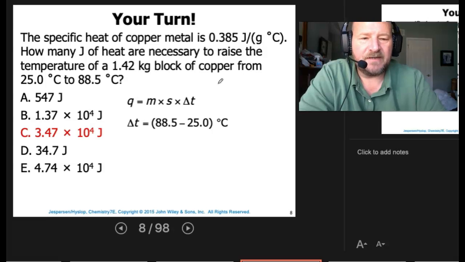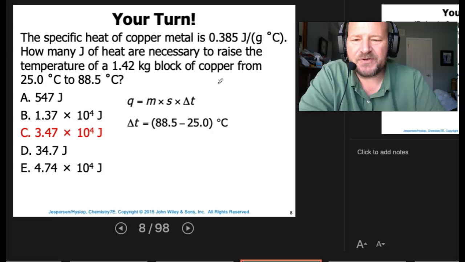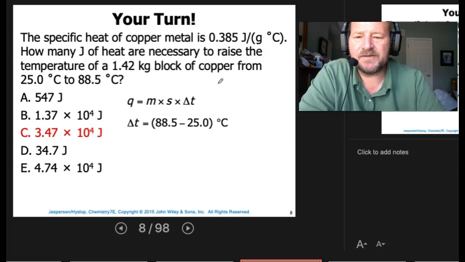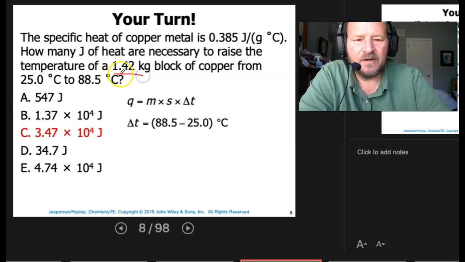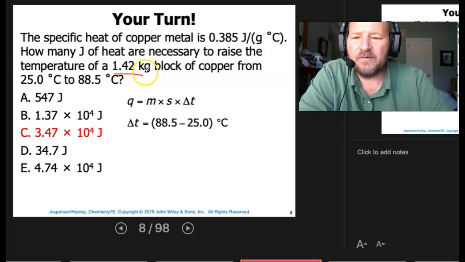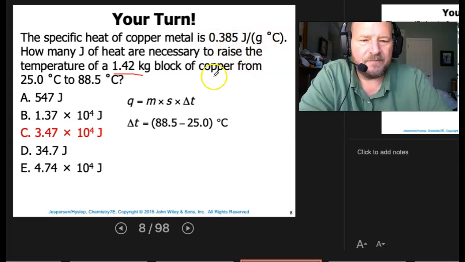All right, so now that we have delta T, we can plug that in. So Q is equal to M times S times delta T. We're looking for Q because it says how many joules of heat. So that means we have the mass. We're told it's 1.42 kilograms, right? We're probably going to want to convert that to grams first. Then once we have grams, we have delta T. We need the specific heat, which they gave us in joules per gram, so we should be good.